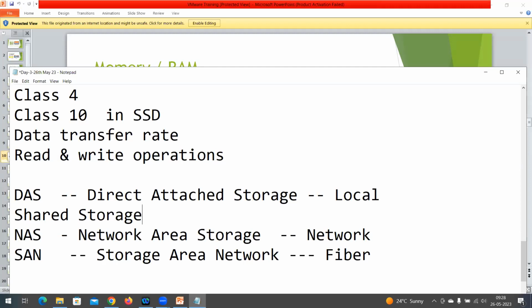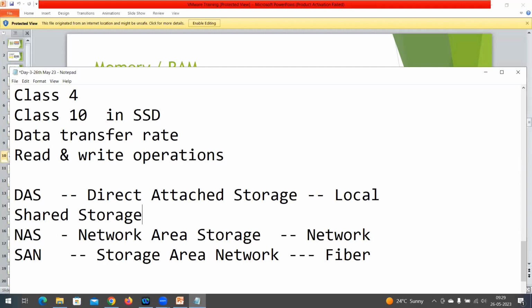We are going to get max speed, max bandwidth, higher data read and write operations. The only disadvantage here is it is very expensive infrastructure. What is expensive infrastructure? We need to lay down fiber optic cables. We cannot use the existing network infrastructure. So the storage server should be connected to the fiber optic underlying architecture.